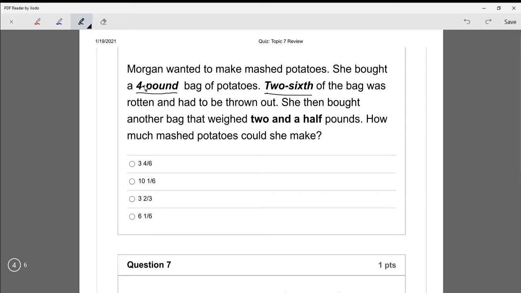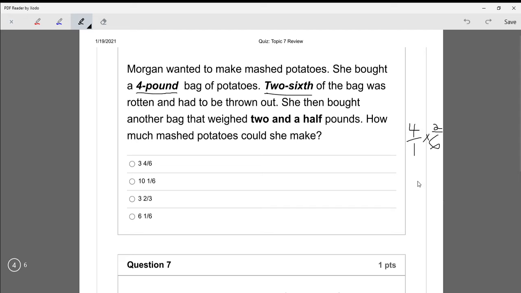So that is 2/6 of 4 pounds, which means I have to multiply 4, which is 4 over 1, times 2/6 to figure out exactly how much 2/6 of the bag is.